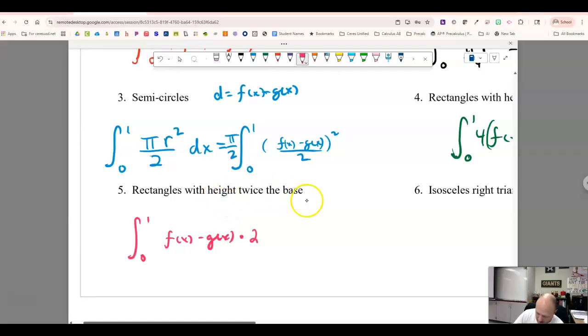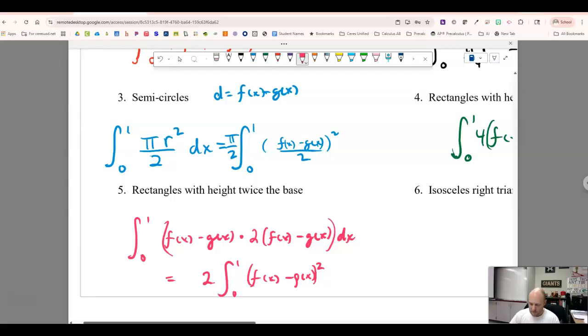So the height is going to be 2 times f of x minus g of x. So there's base times height, and all of this is again with respect to dx. So you would probably see that written like this: 2 times the integral from 0 to 1 of f of x minus g of x squared dx.